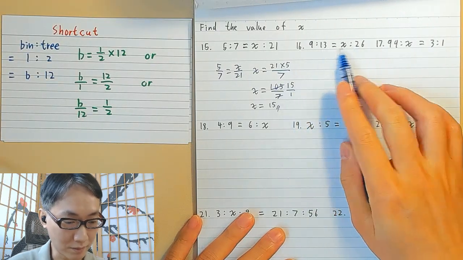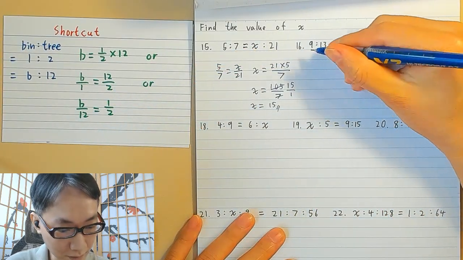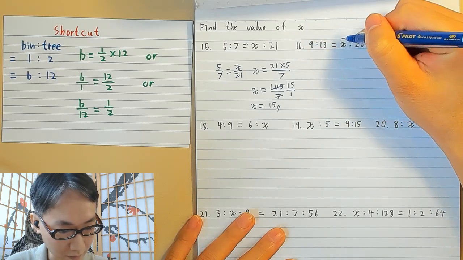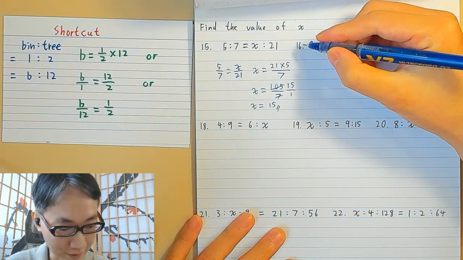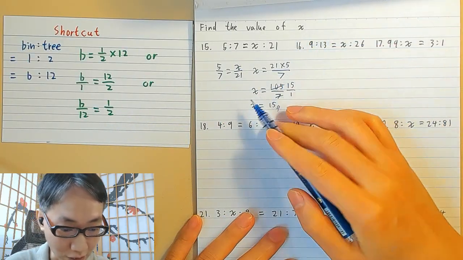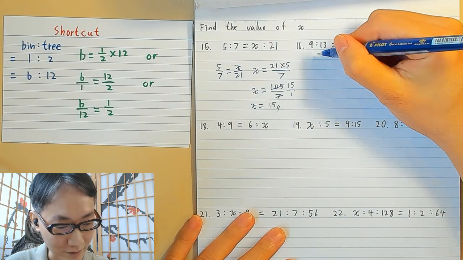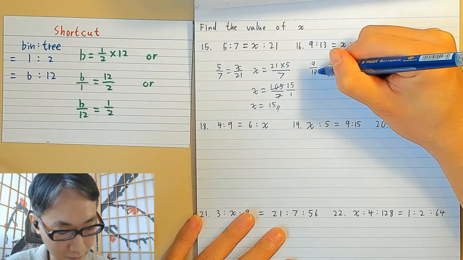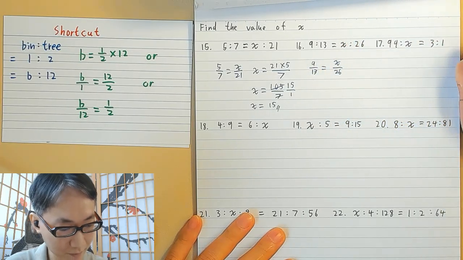We're using this one again. So actually, let's use this one. So 9 over 13 is equal to x over 26.